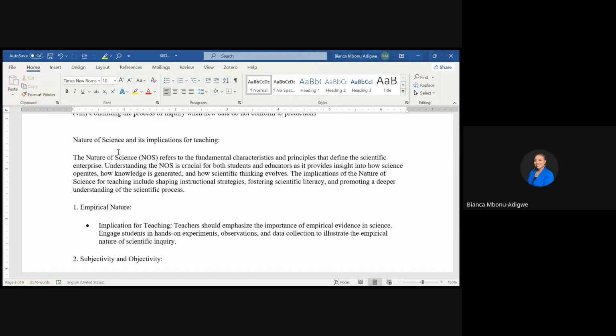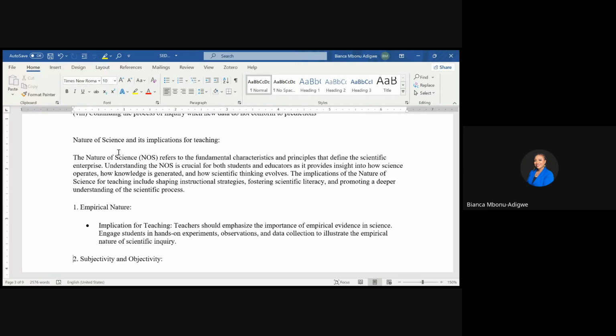When we talk about the nature of science, we're trying to talk about the fundamental characteristics and principles that define the scientific enterprise. When we understand the nature of science, both students and educators know how science operates, how knowledge is generated.